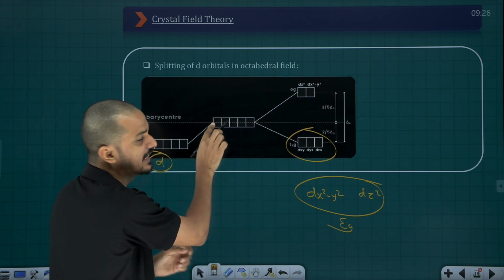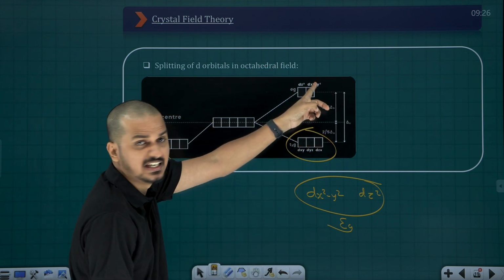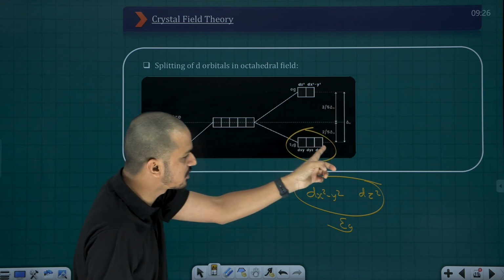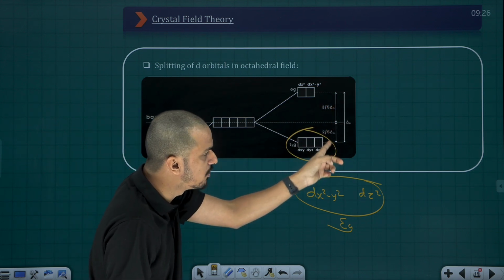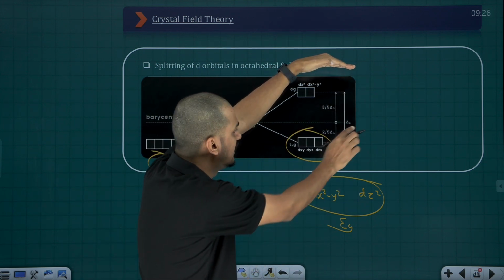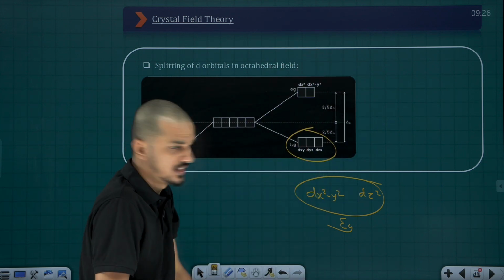This center is called the barycenter. From the barycenter to Eg is always 3/5 of delta O, and from the barycenter to T2g is always 2/5 of delta O. The energy difference between T2g and Eg is called delta O. That idea you know.